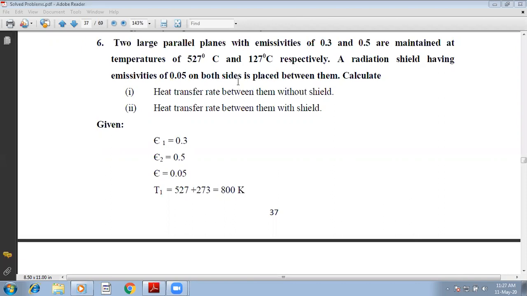Two large parallel planes with emissivities of 0.3 and 0.5 are maintained at temperatures of 527 degrees Celsius and 127 degrees Celsius respectively. A radiation shield having emissivities of 0.5 on both sides is placed in between them.